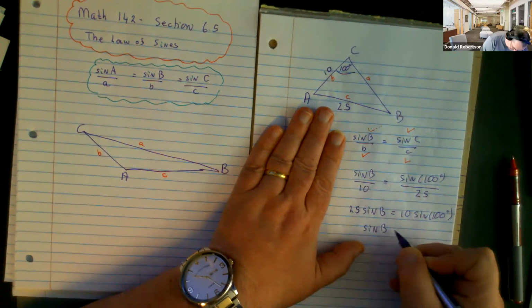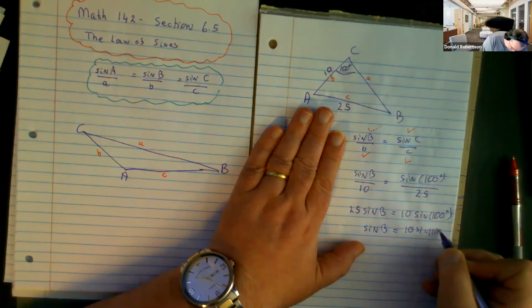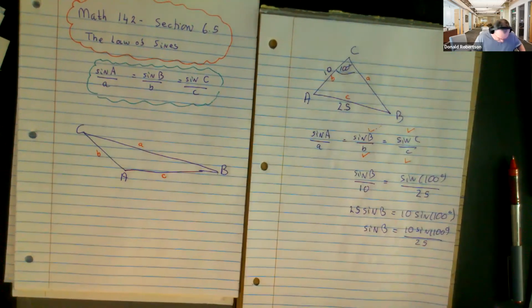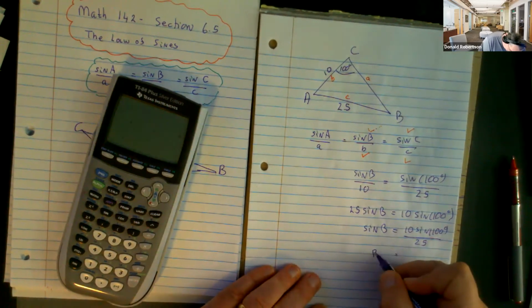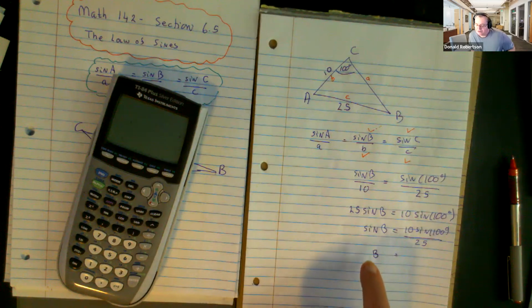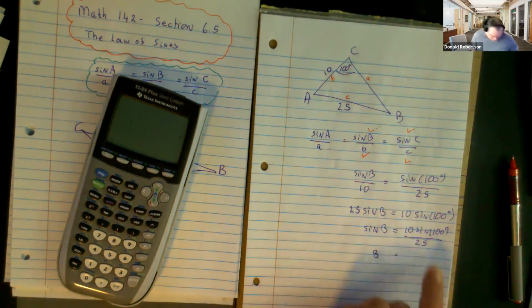So the sine of b is 10 times sine of 100, and you divide everybody by 25. So here goes. Oh, no, I did this last time. Can I actually do it in one go? What would I need to do to both sides to find angle B? Take the inverse sine.